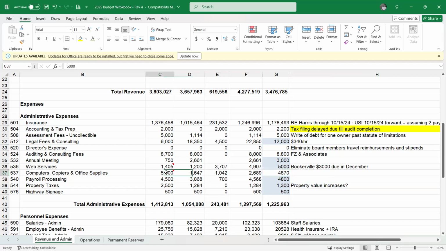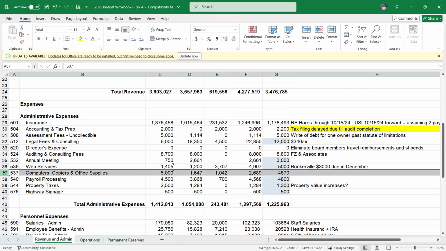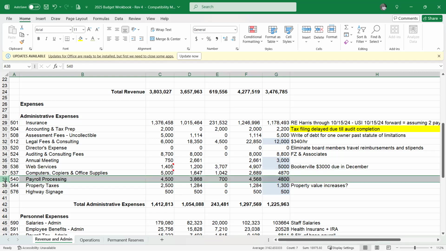What's my note over here? Oh, that's right. Last year we stopped the IT contract because we have Juwan now. Okay, any discussion on this one? Nope. Payroll processing, pretty standard stuff.